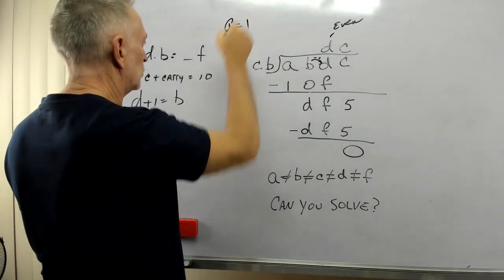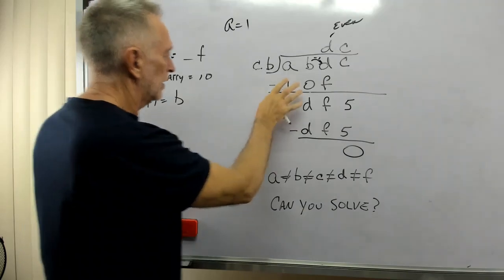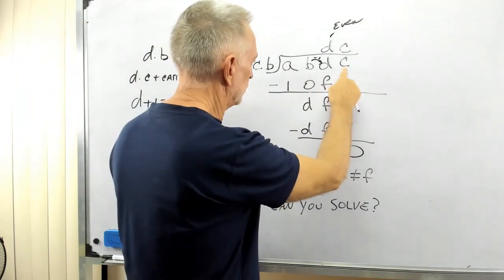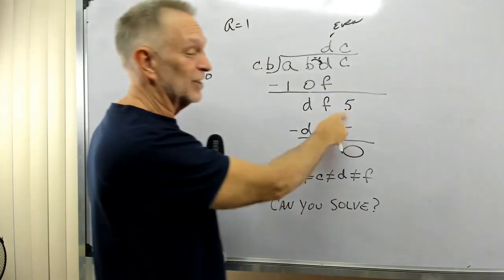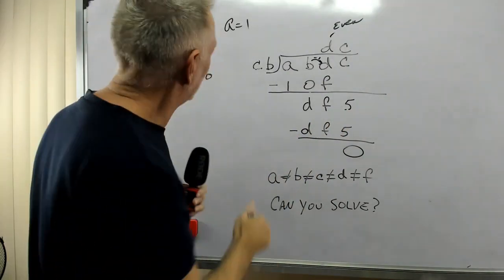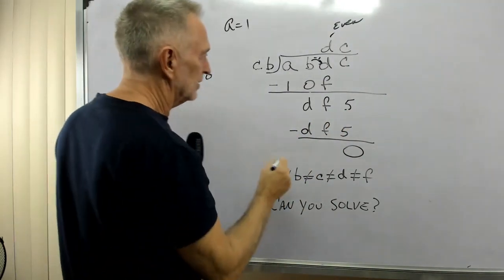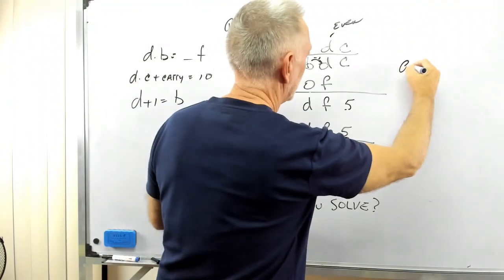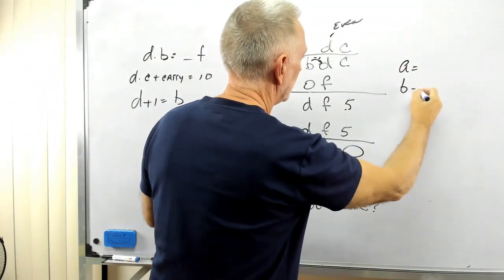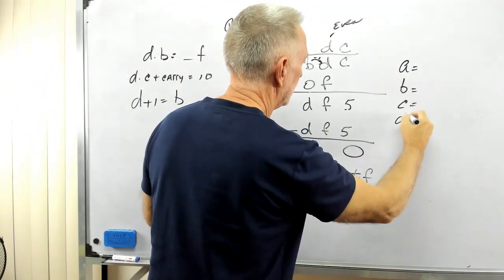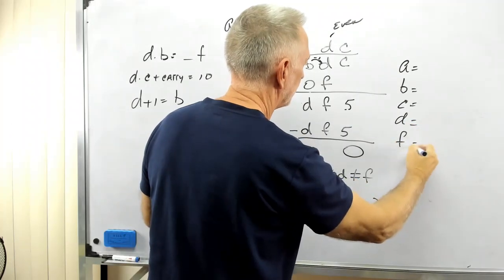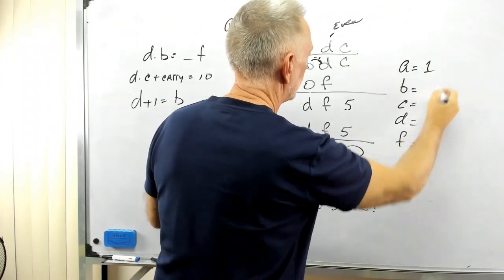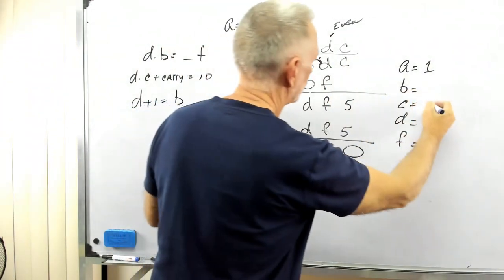A equals 1. Okay, now then, let's bring down the C. There's my second clue. C equals 5. Let's see, I need to do this somewhere. A, B, C, D, and F are all different. All right, A equals 1, C equals 5.